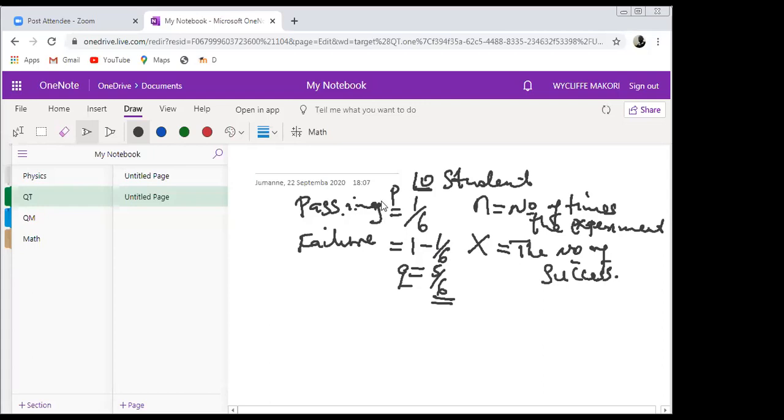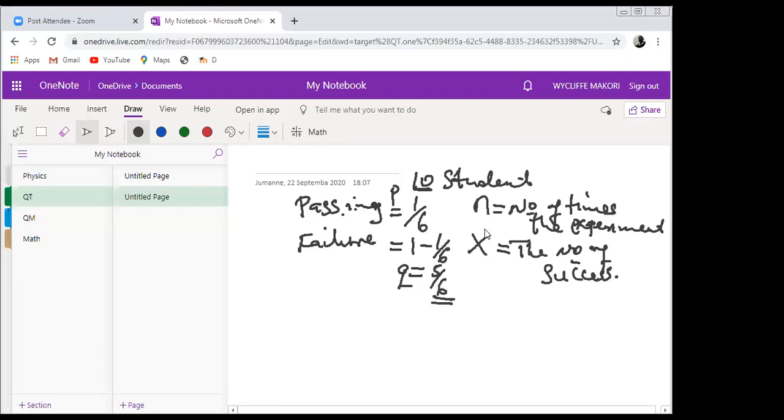I want to repeat here before I go to the formula. Passing is normally denoted by P, and failure is normally denoted by Q. In this case, you will only be given the probability of passing or the probability of failing, and from the equation we have discussed, you can get the probability of the other. For example, if you are given the probability of passing, the probability of failing will be 1 minus that probability of passing.